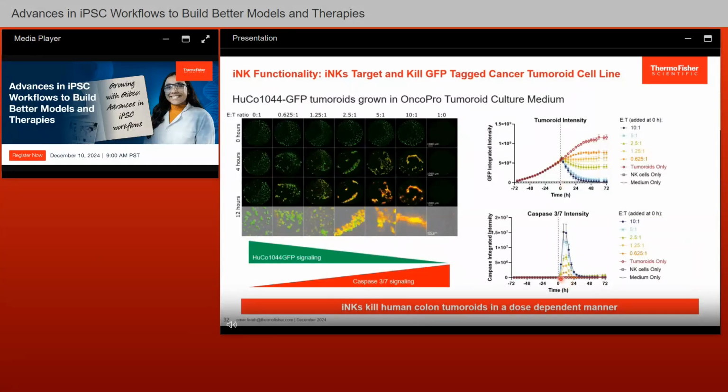And this is accompanied by an increase in caspase-based signaling, indicating cell death as well, that's visualized in red in the images on the left too. And I should note here that the tumoroid targeting was best at a 10-to-1 effector to target ratio, really indicating that these iNKs can successfully target patient-derived tumor cells and kill them in a dose-dependent manner as well.